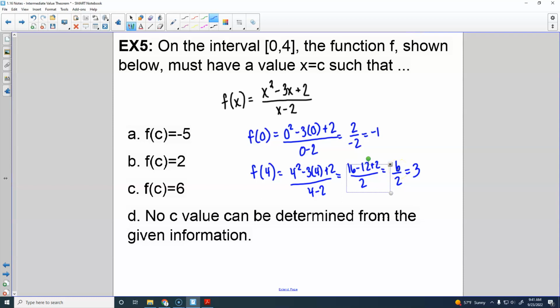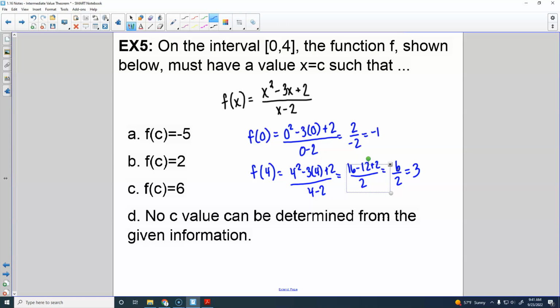What do you guys think? Okay, 2. It's not. I actually realized this right after I flew in on this problem. It is not 2.